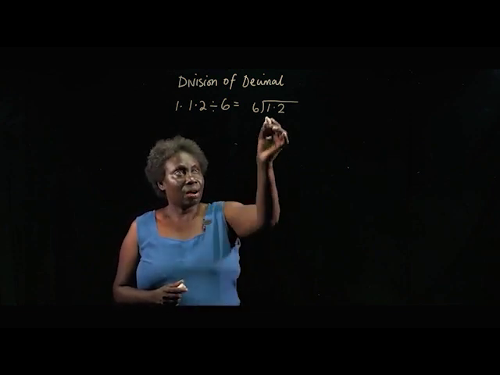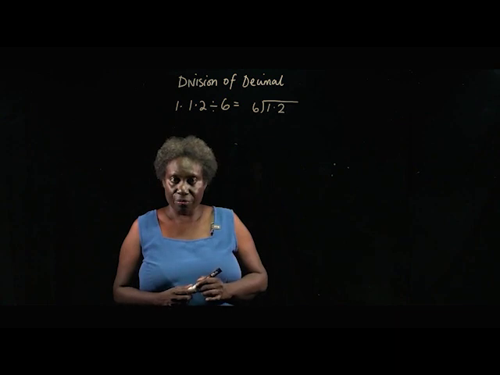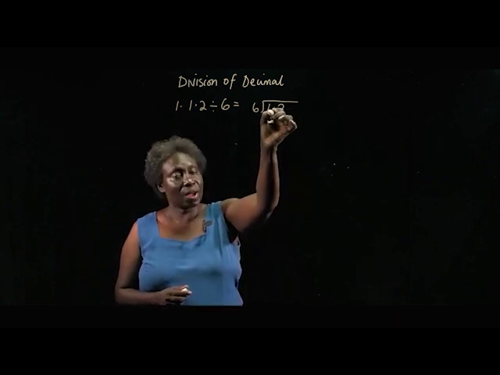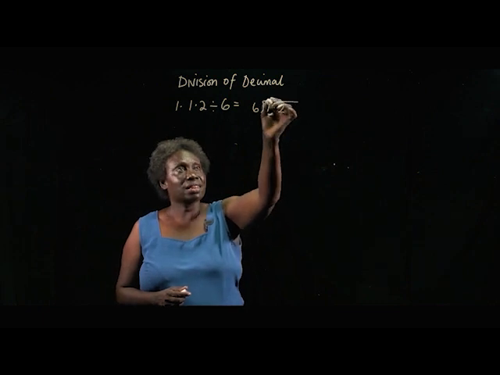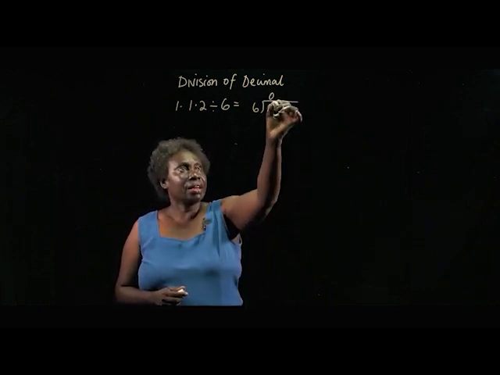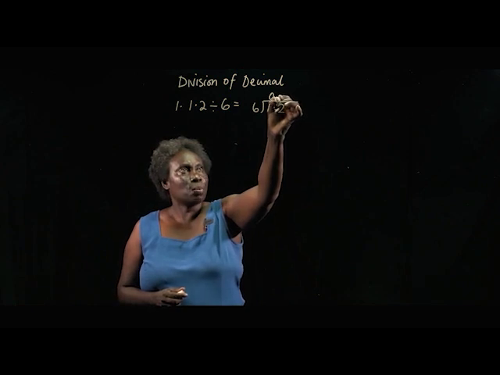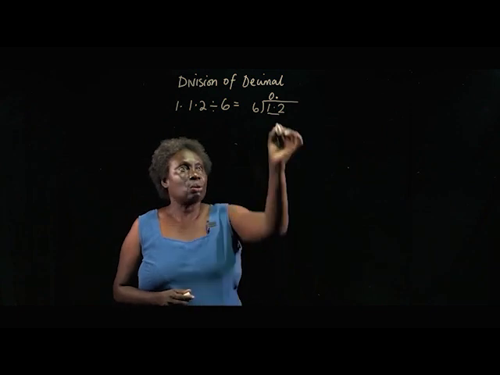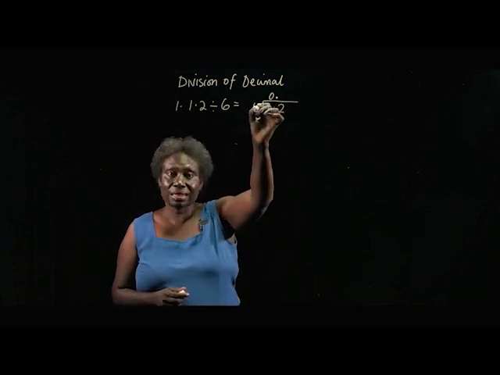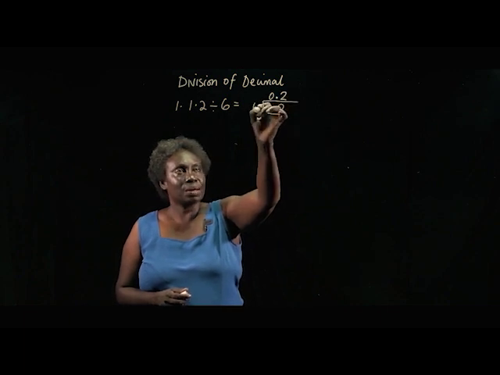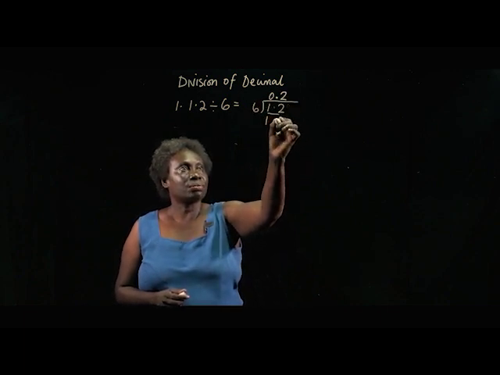We divide by the whole number 1 first, okay? 1 divided by 6, it cannot because 1 is less than 6. So, we put a 0 there and we put a decimal point and make this 12. Now, 12 divided by 6 is 2. 2 times 6 is 12.